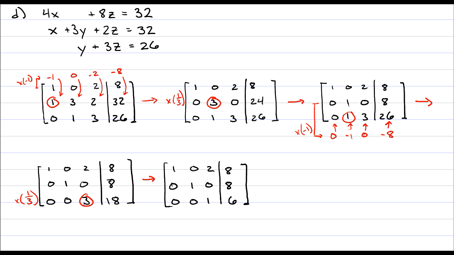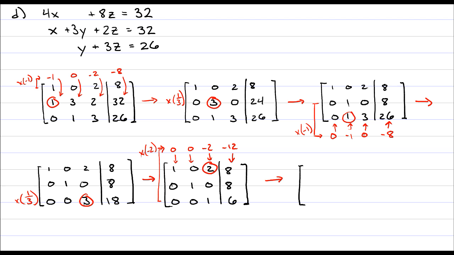So the very last step, I need to get rid of this 2. So I'm going to take the third row and multiply by minus 2. This gives me 0, 0, minus 2, minus 12. And then I'm adding those results to the first row so that I can get rid of that 2.